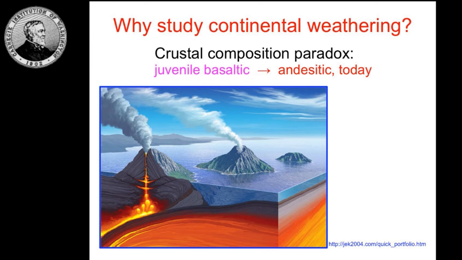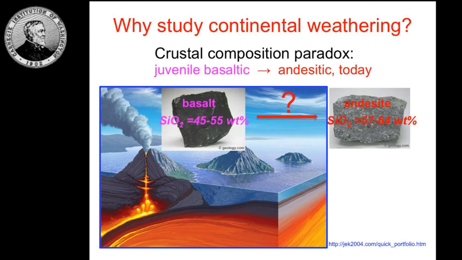So just to show you what a typical basalt looks like, and andesite looks like. They are actually different in terms of silicon content, right? The more felsic is more silicon enriched, and more mafic means more basaltic composition. So this discrepancy between the building block and the building, right, is usually referred to as the crustal composition paradox.